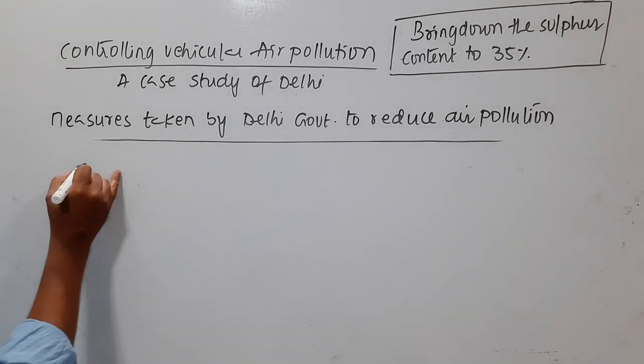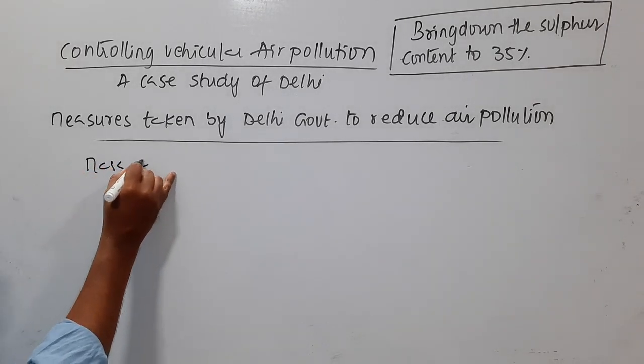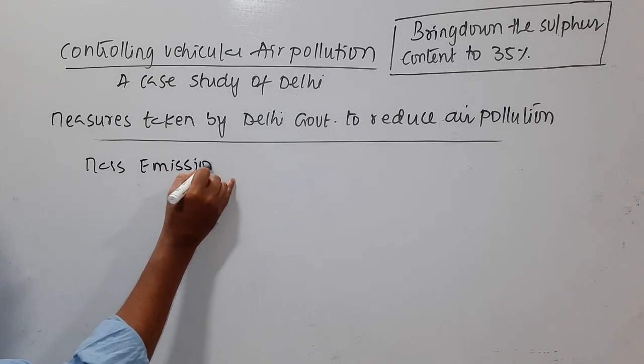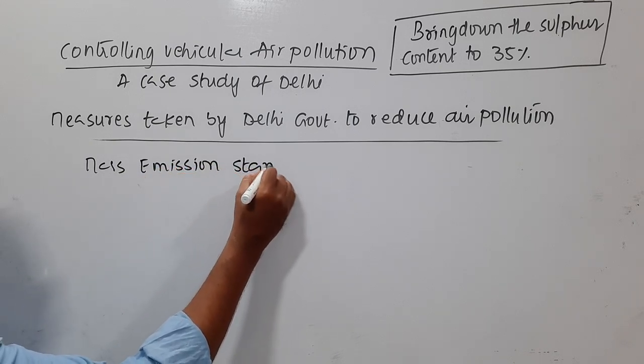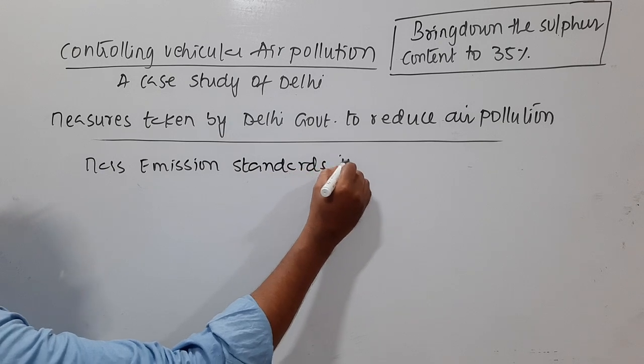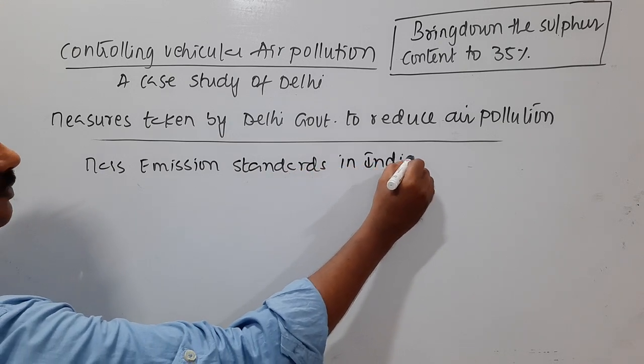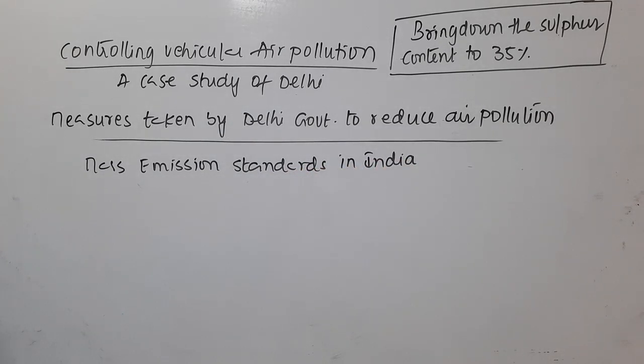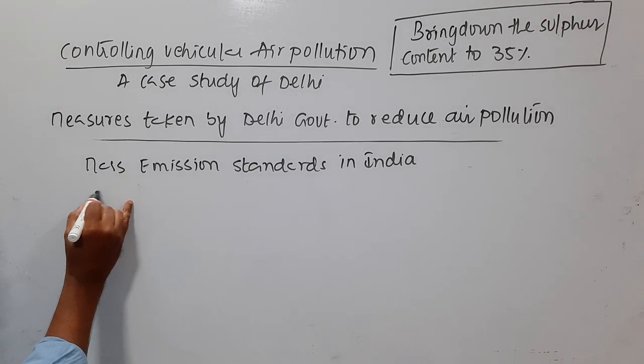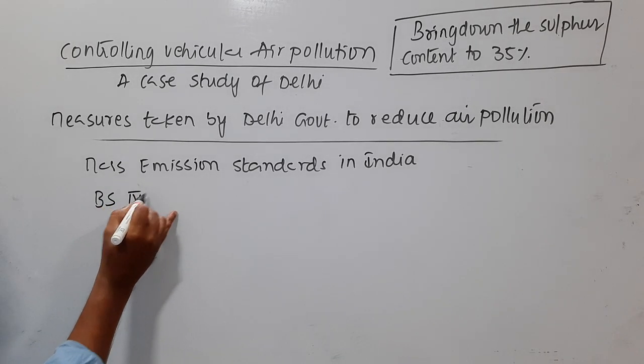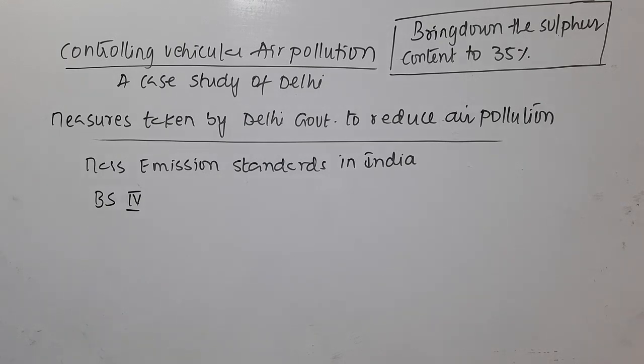Now let us see some mass emission standards in India, right. The first one, BS4, that is Bharat stage 4. I think these words you might have seen especially on public transportation, like in case of Karnataka, the KSRTC buses.